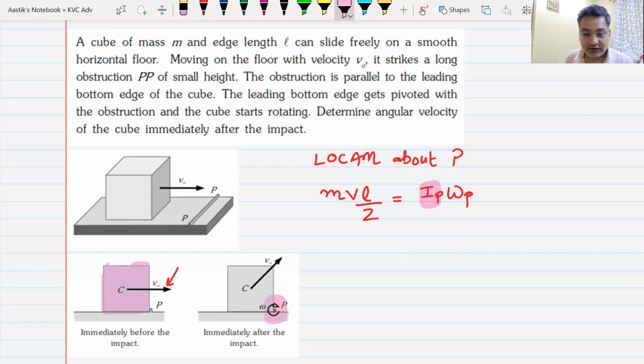The only question that you have to solve here is to get the value of moment of inertia about the point P.